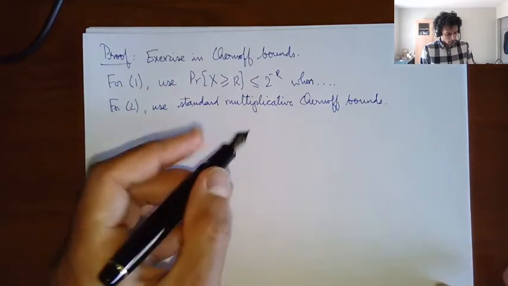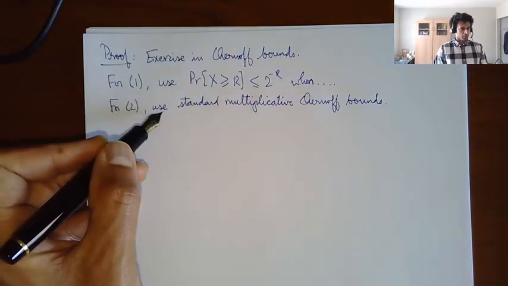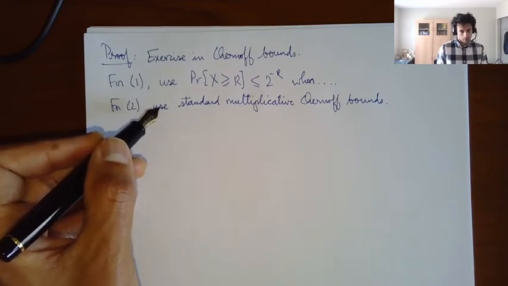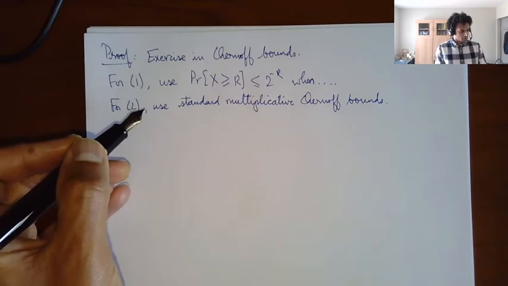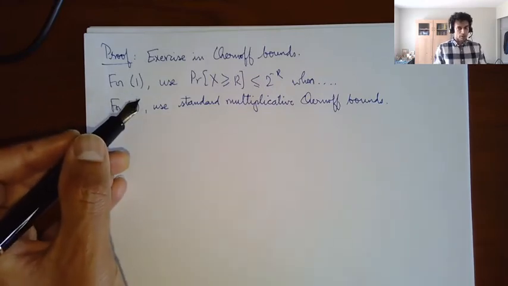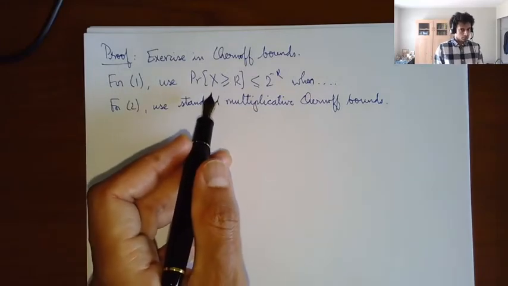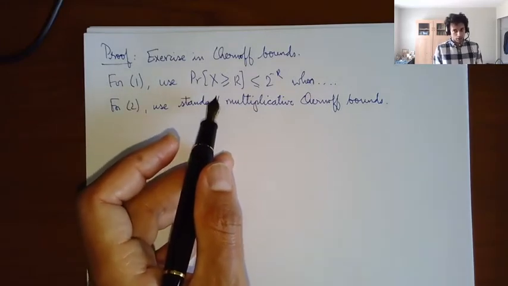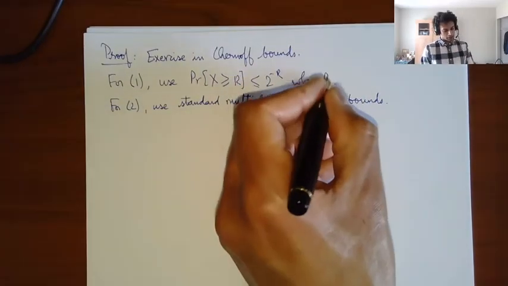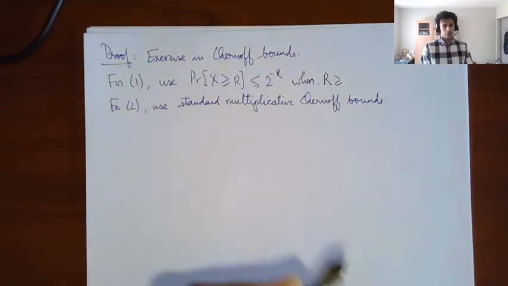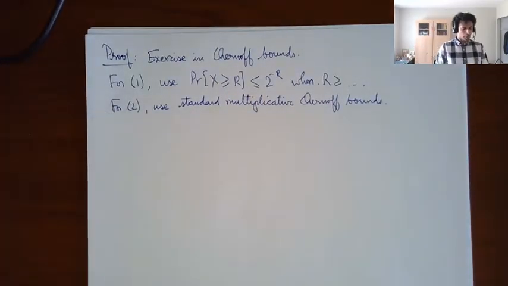I want to emphasize that for step 1, you cannot use the multiplicative Chernoff bound. Remember, we discussed this because in the multiplicative Chernoff bound, you have a dependence on the expectation. But in situation 1, the expectation might actually be tiny, in which case you need to use this bound, which is actually agnostic to the expectation. And this holds whenever r is sufficiently large, whenever r is greater than 6 times the expectation or whatever. So use these bounds. This is an exercise.